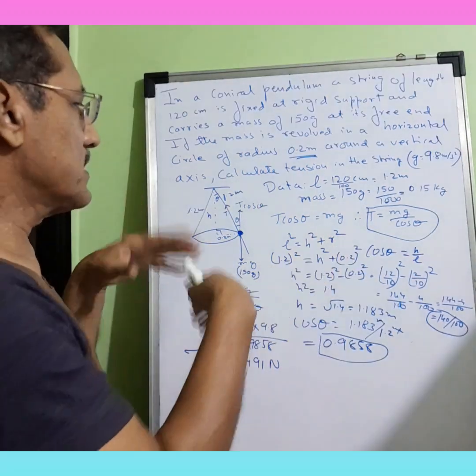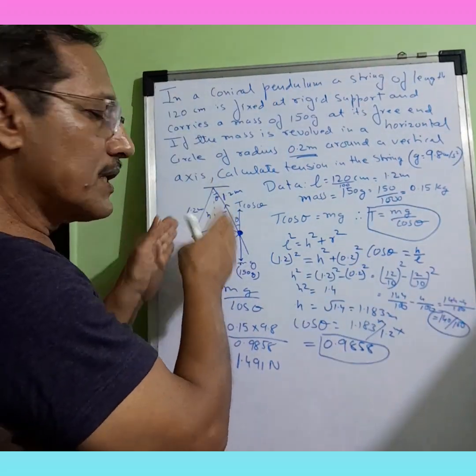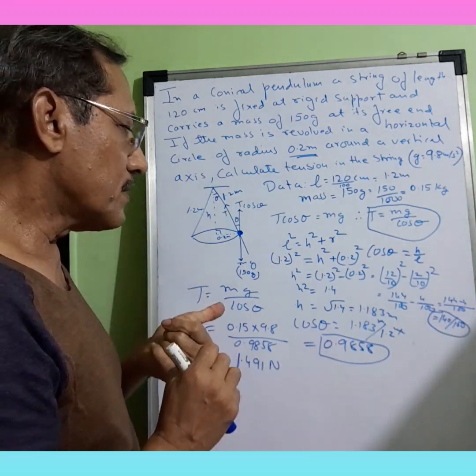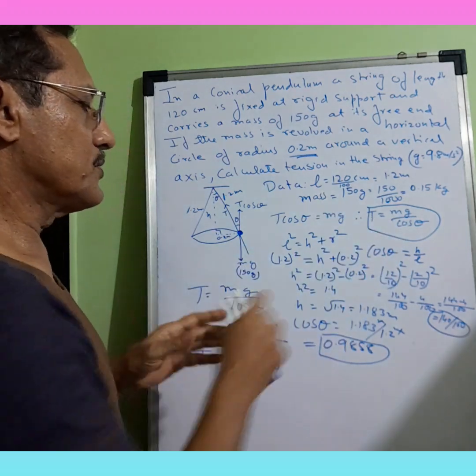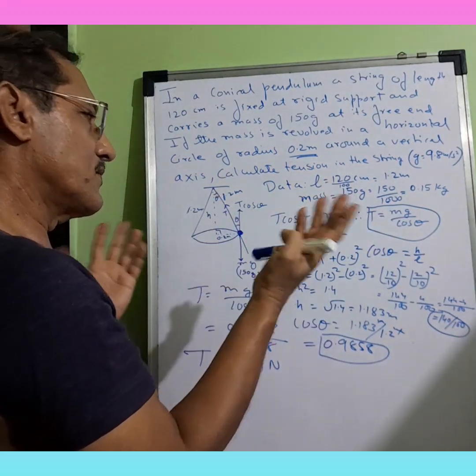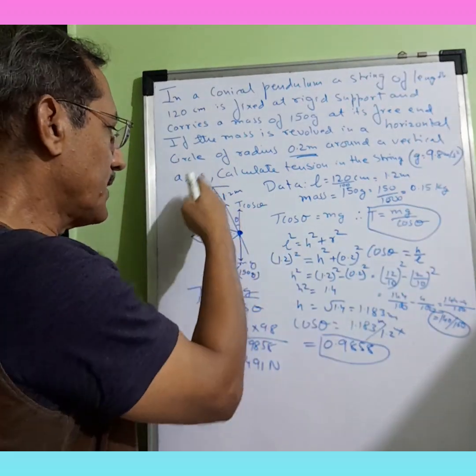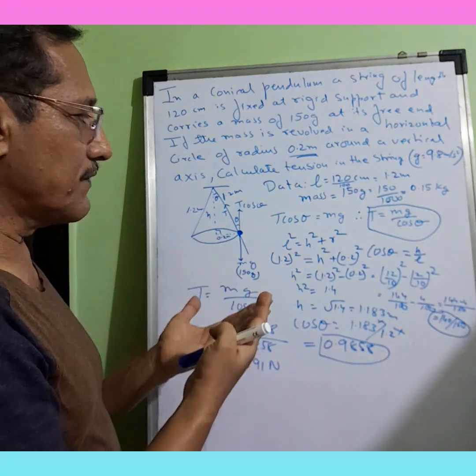So what did we do in this? We used the conical pendulum formula. This was our formula, so cos theta was our problem. We knew this and this, so we could find cos theta by our triangle method. Let's summarize what we did.